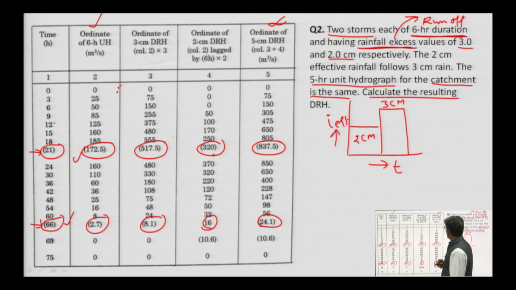So, how is the ordinate of DRH for this stump to be calculated? It is calculated with the help of the ordinates of the unit hydrograph.